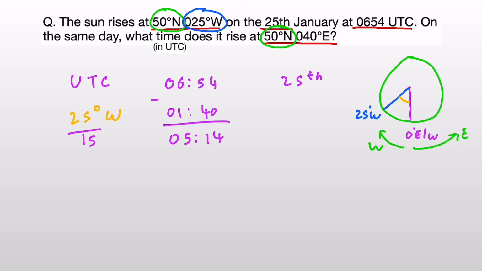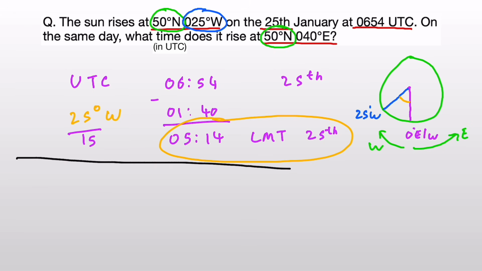Okay, 5 hours 14 minutes is the local mean time when the sun was rising at 25 degrees west on 25th. Okay, so I've done nothing, I've just converted the UTC to LMT right now. Now, I need to find the time in UTC when the sun will rise at 40 degrees east longitude.